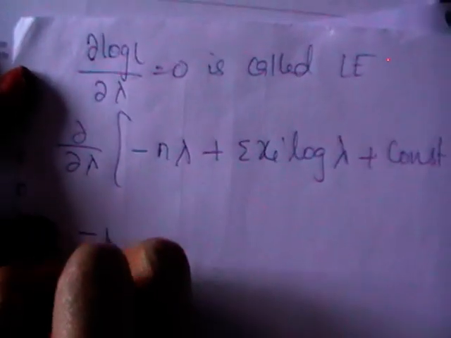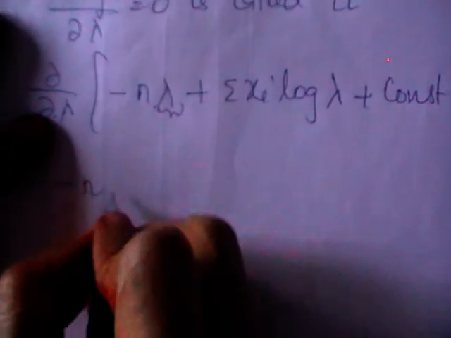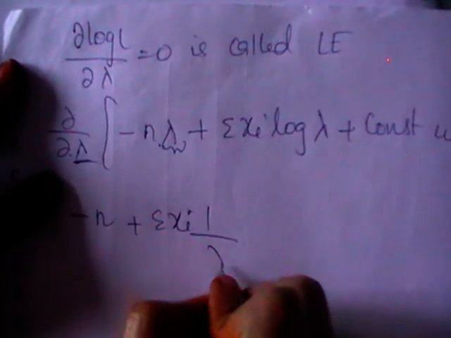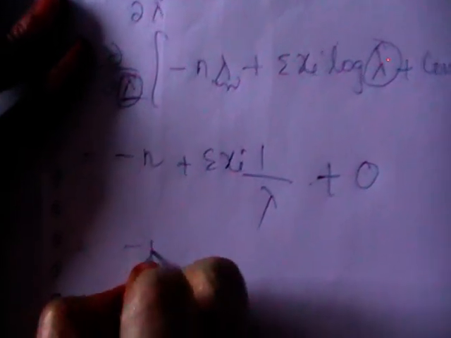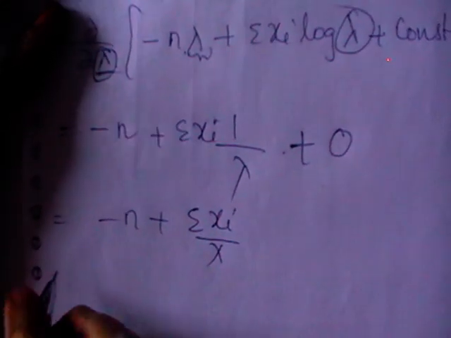Here you will get minus n, as the derivative of lambda with respect to lambda is 1, plus sigma xi times the derivative of log lambda, which is 1 by lambda. The derivative of the constant is 0. So minus n plus sigma xi by lambda, you got this one.